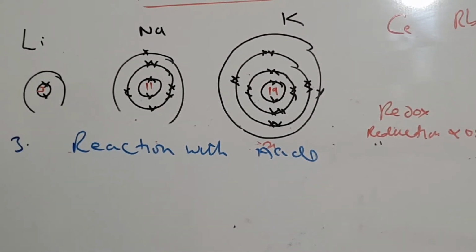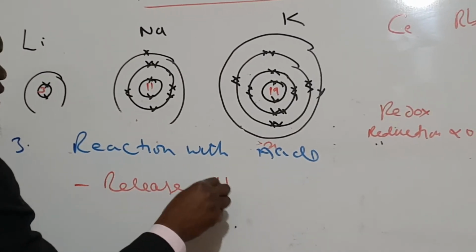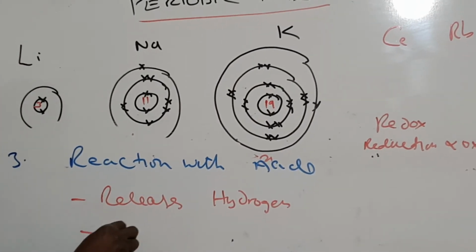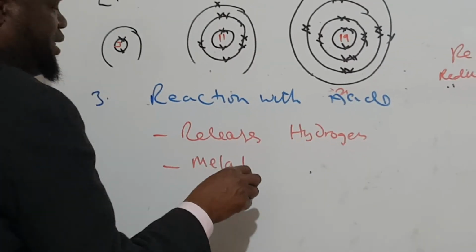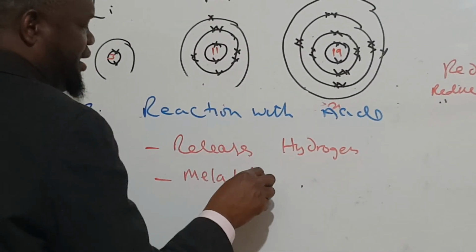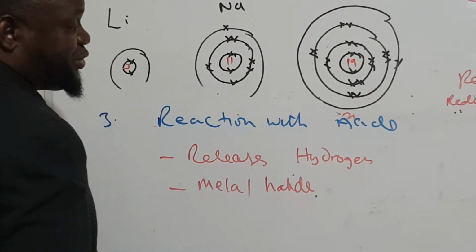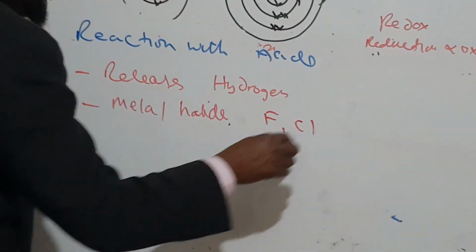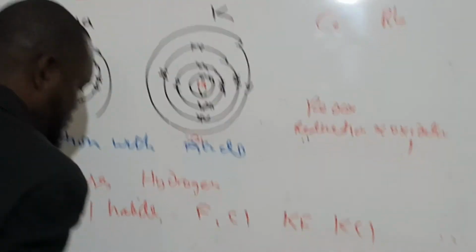It releases hydrogen, and they form metal halides. Not halogen, halide. That is in the group of fluorine and chlorine. So potassium will form potassium fluoride and potassium chloride.